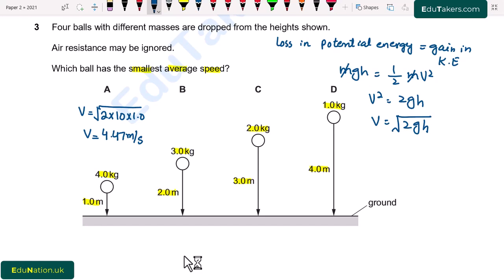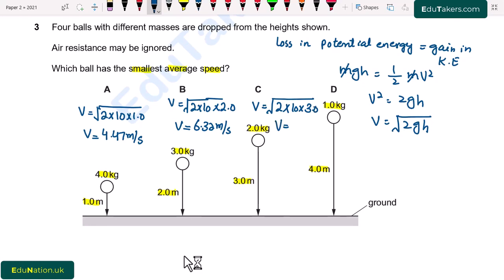Now for ball B, it will be square root of 2 multiplied by 10 multiplied by height, which is given as 2.0. So the value of speed comes to be 6.32 meter per second. For ball C, v will be equal to square root of 2 multiplied by 10 and 3.0.